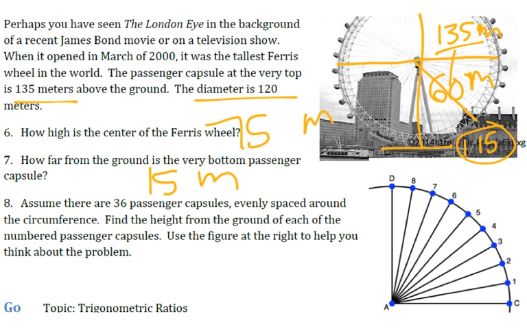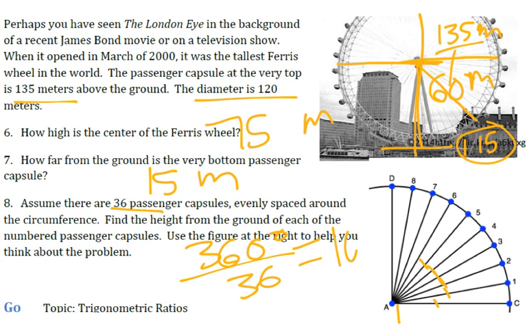I want you to do this on your own, but just remember that this distance from the middle up is 75, and there are 36 of these, so a full circle, 360 divided by 36, gives us 10. So those are 10 degrees.